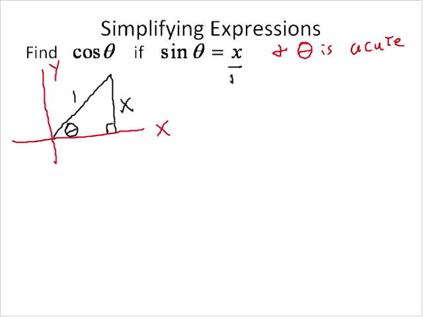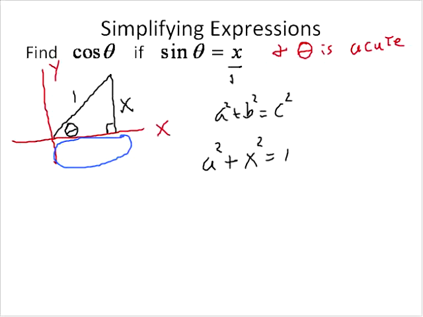The next thing we have to do is figure out what this side is. Well, I know from the Pythagorean theorem that a squared plus b squared equals c squared. So let's call this a and b. So I'll have a squared plus x squared equals 1 squared.